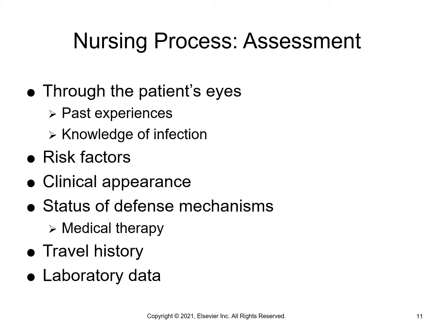Your steroids: if a patient has inflammatory bowel disease and they're on steroids, multiple diseases are treated by steroids, and that also has an effect on your immune system. So your defense mechanism is going to be weakened.